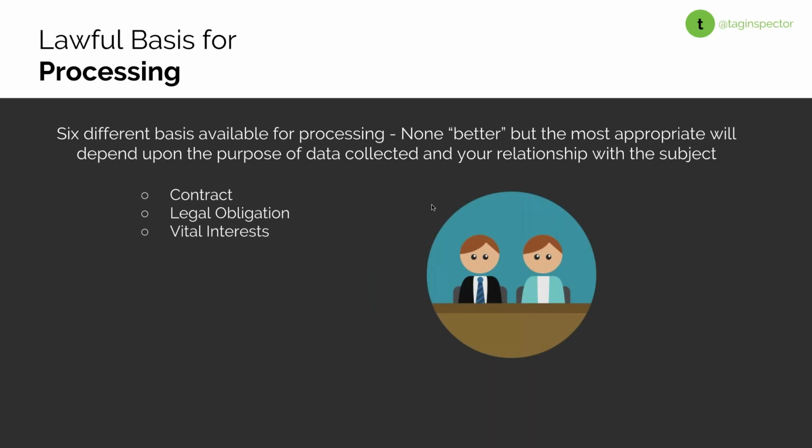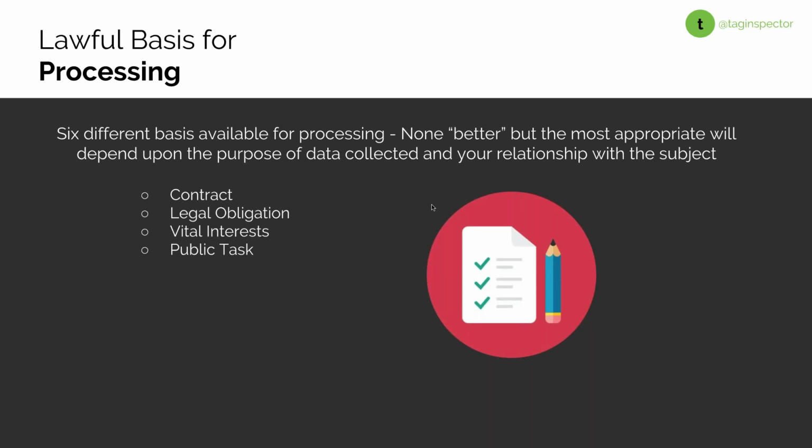If you need to process personal data to save someone's life, that's a lawful basis for doing so. Number 4 is a public task in the exercise of an official authority, is basically what that means. This covers public functions and powers that are set out in law, or to perform a specific task in the public interest that is set out in law. This would really just apply to public bodies.